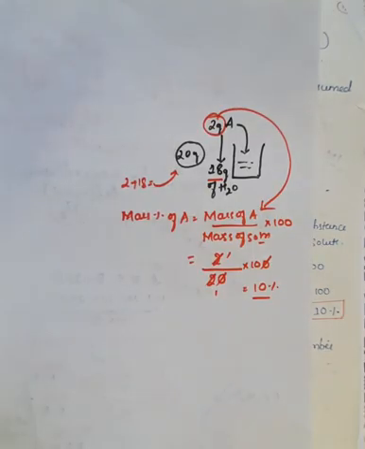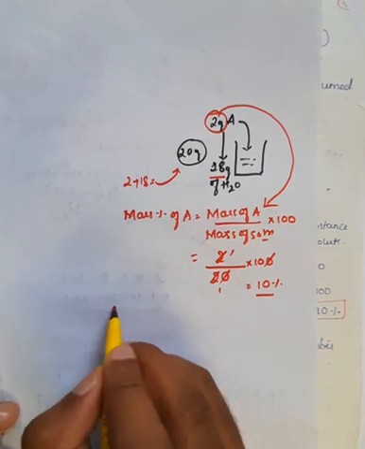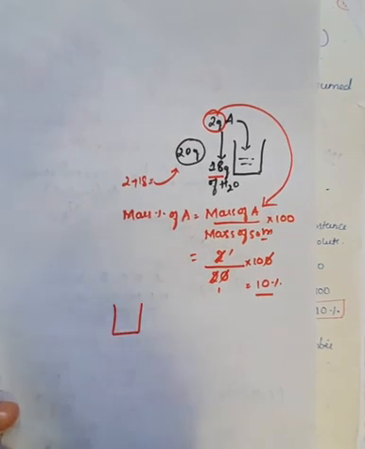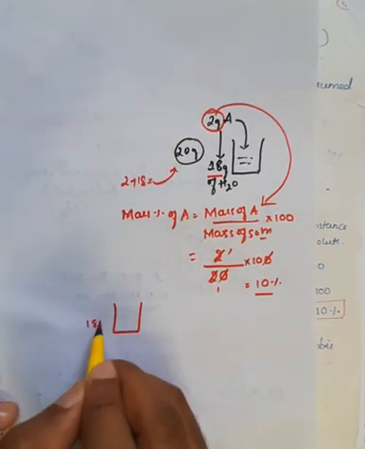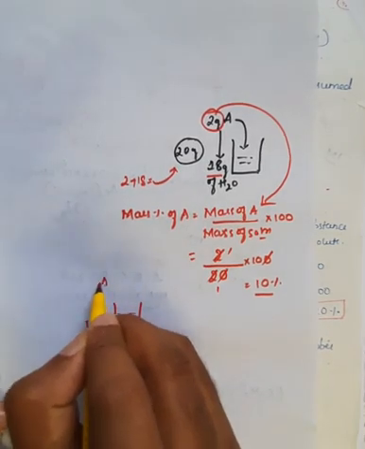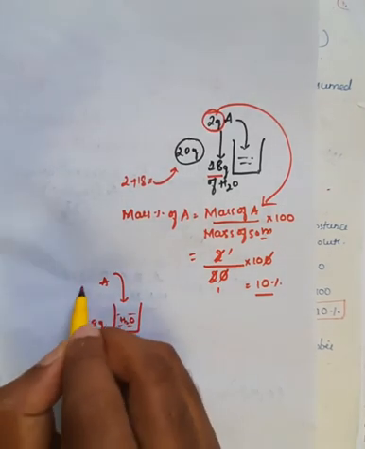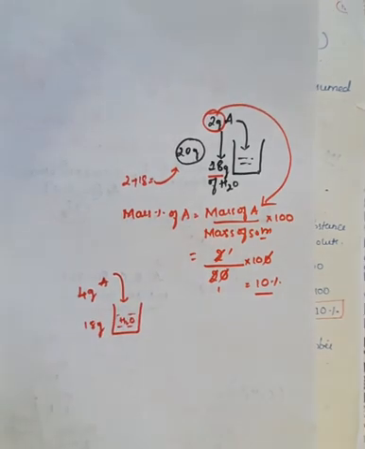Similarly, we can calculate with one more example. We'll solve that one. For example, in 18 grams of H2O, 4 grams of A is added.